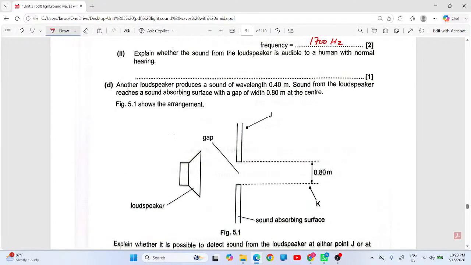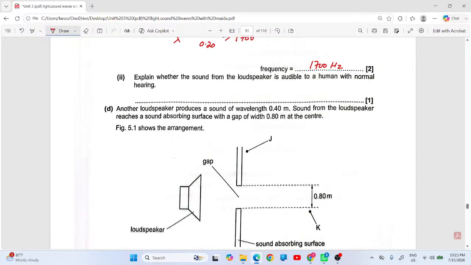Next, explain whether the sound from the loudspeaker is audible to human normal hearing. Is it audible or not? Yes, because the range for humans is 20 hertz to 20,000 hertz, and 1700 is in between.